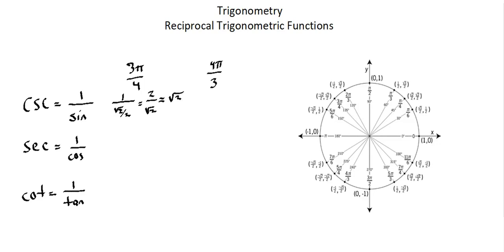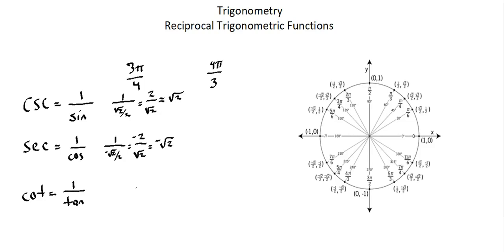I rationalize the denominator by multiplying by root 2 over root 2, and the resulting simplified value will be simply root 2. For secant, we have 1 over cosine. At 3 pi over 4, the cosine value is negative root 2 over 2. So we start with 1 over negative root 2 over 2, which equates to negative 2 over root 2, which when rationalized equates to negative root 2.